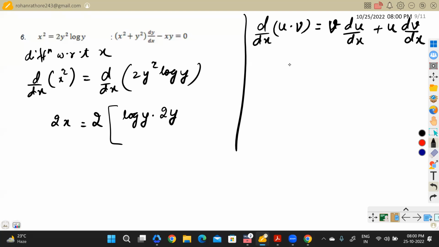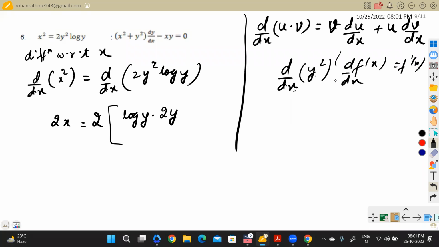Now we are differentiating, let's see, d by dx of y square. So do you think we can differentiate y square with respect to x? No, we must have something that is a function of x to differentiate with respect to x. Then only we can differentiate, otherwise we can't.